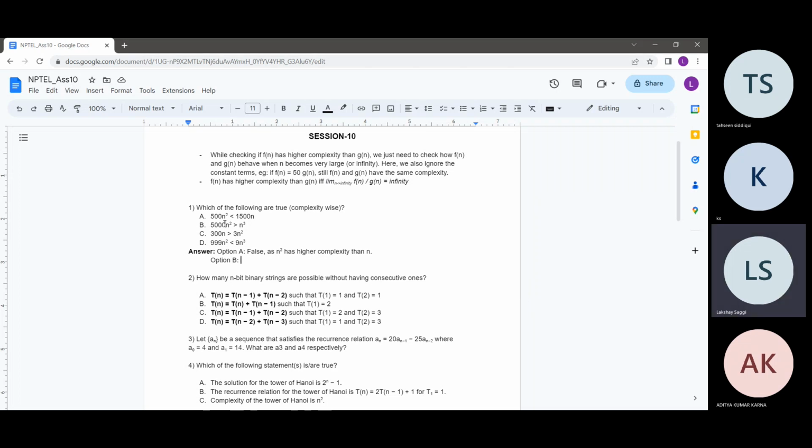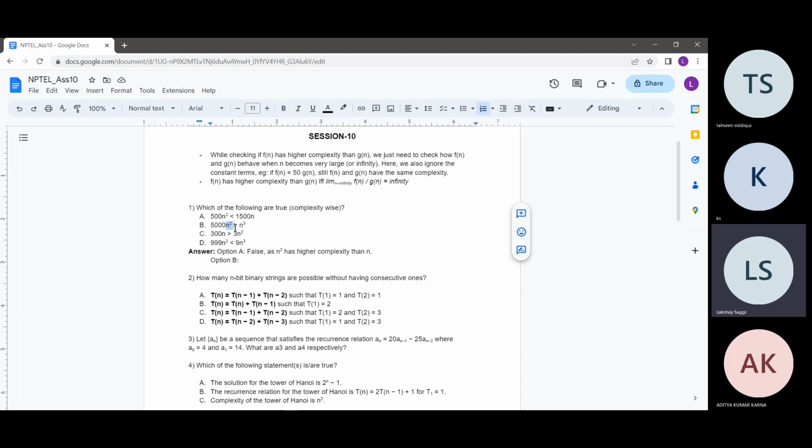Yeah. So in option B, it's saying 5000 n square is greater than n cube. So again, you can see using similar arguments, ignoring these constants, this has the term n square and this has n cube. So the limit of n cube by n square as n tends to infinity is n, which is infinity. So n cube grows faster than n square, right?